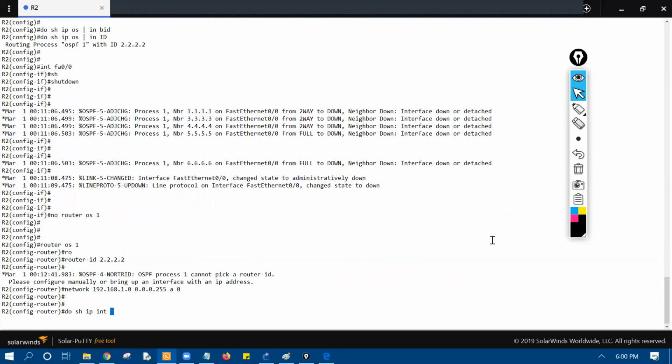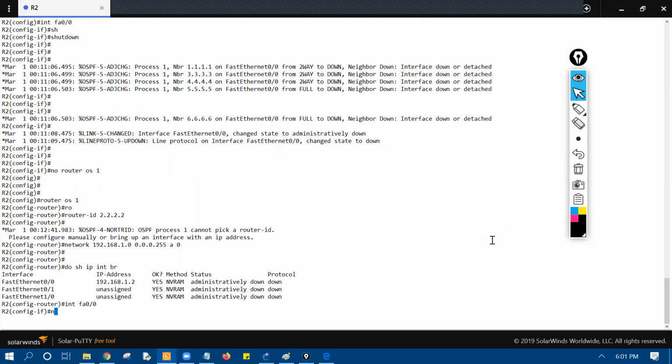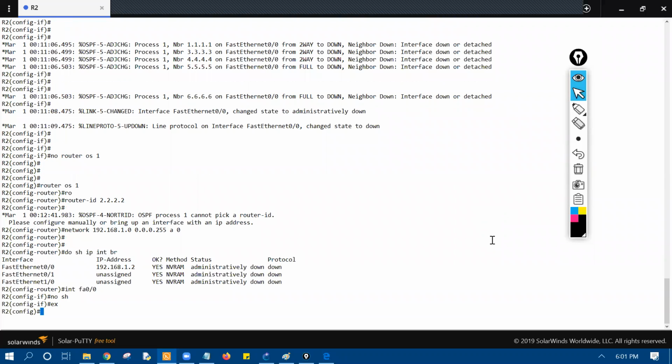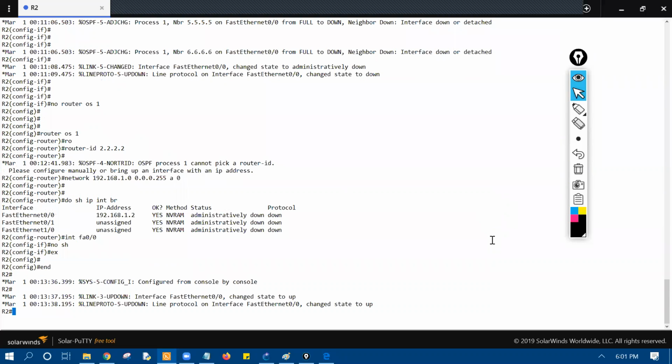Oh, this one doesn't have an IP. Oh shit, man, that's why. Okay, now it has come properly. Now we'll get the proper output.